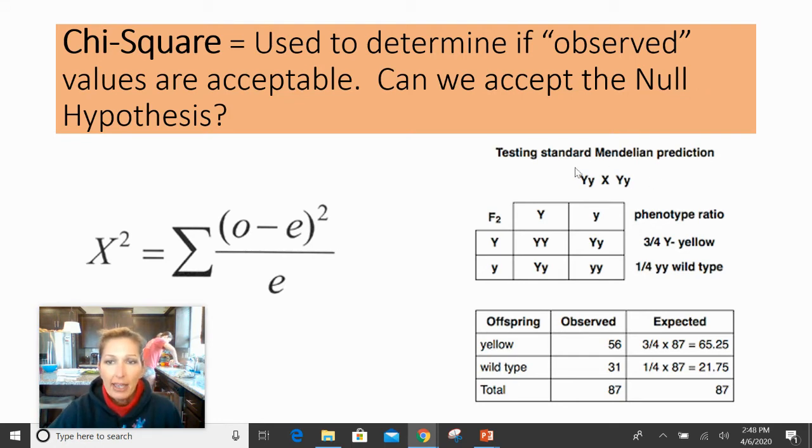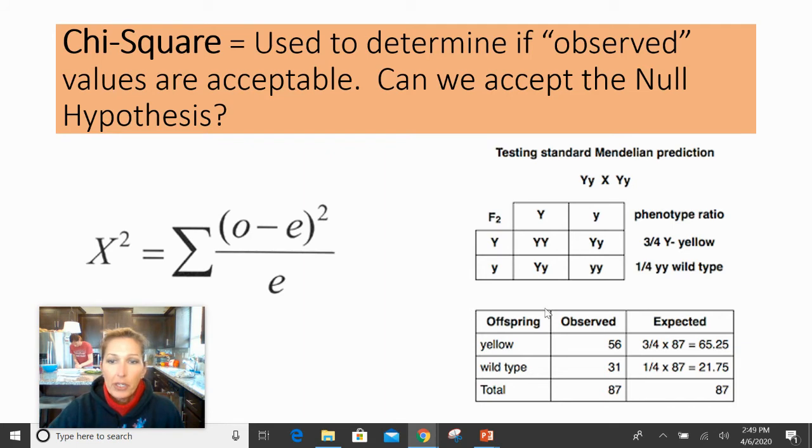If we look at this Mendelian prediction, if I was going to be crossing a heterozygote with a heterozygote, my expected outcome is that I would end up with a 3-to-1 phenotype ratio. That's my expected. So I am saying that in this case, if I had 87 offspring, I would expect 3/4 of them to be yellow and 1/4 of them to be wild type. So my null hypothesis is saying that that is my expected.